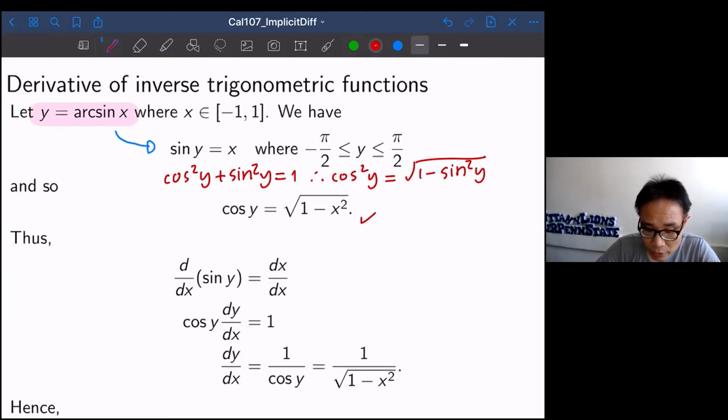And then you're going to differentiate both sides. So you have sine y equal to x. You differentiate this side, you get cos y dy/dx equal to 1.